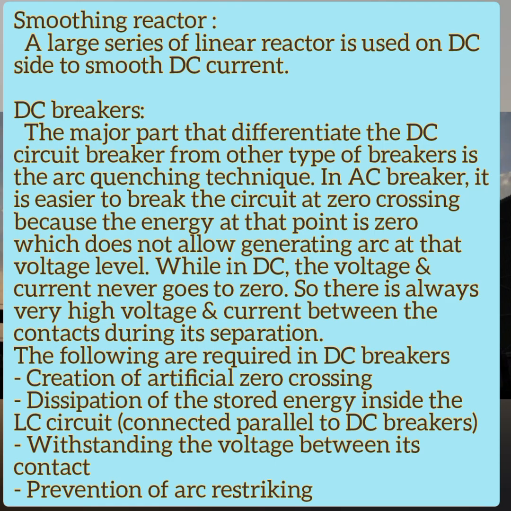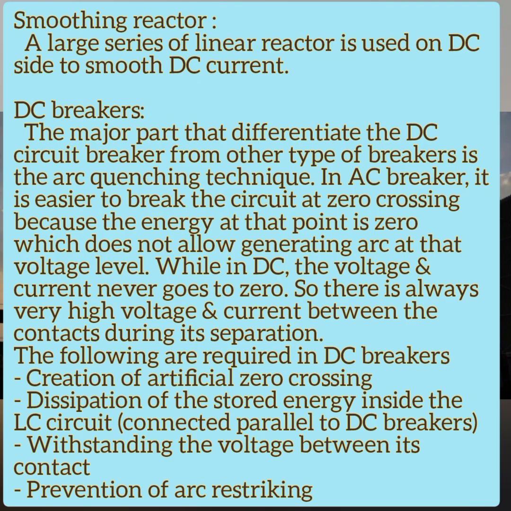But in DC that is not possible at all. So in order to break that higher level of current and voltage, we need a separate parallel connected LC circuit in the breaker. This parallel connected LC circuit is responsible for creating an artificial zero crossing level, and is also helpful in breaking the DC current and voltage without any damage to our DC breakers.